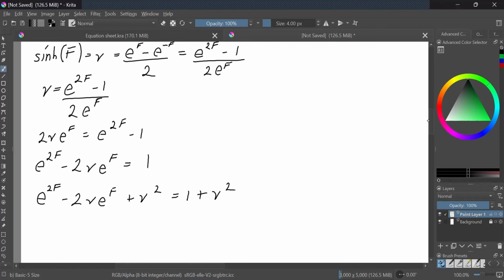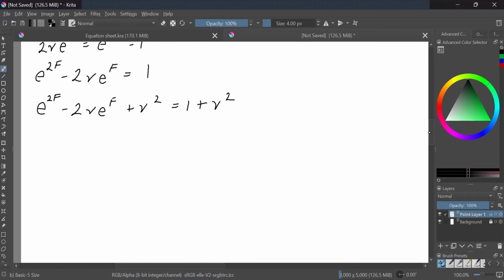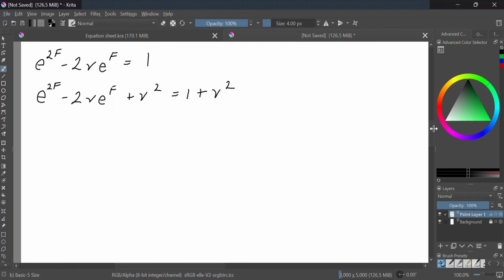All right. Let me bring it down to here, just so I have more space. And I'm going to write it as e to the f minus v, squared. And let me check my notes to make sure that's right. Yes, yes it is. That is going to be equal to 1 plus v squared.